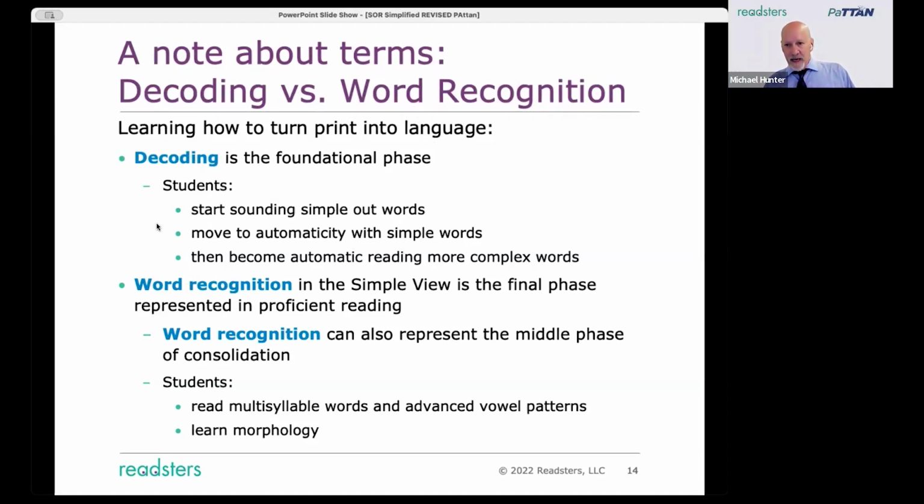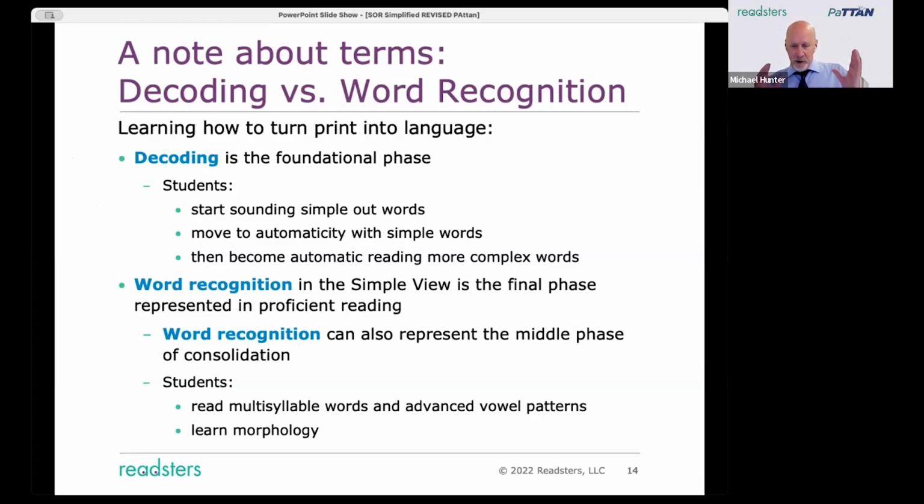Once they've developed that basic set of pathways, and those pathways are starting to become automatic, we move into what is the word recognition stage, which is what a proficient reader has already. And I'm going to map this for you in just a second. But word recognition, in the revisit of the Simple View, the researchers changed the term decoding in the formula to the term word recognition, because in the Simple View, they are looking at a developed reading brain, or a brain that's along the way to becoming developed.